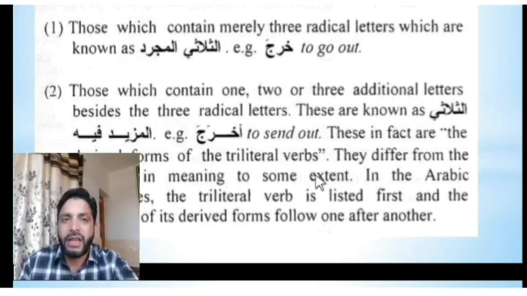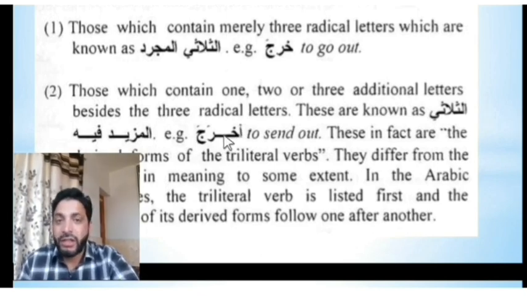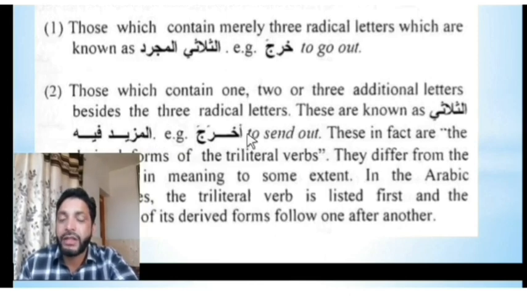For example, akhraja. Kharaja means to go out. He went out. Akhraja, he put out, he sent out. So there is a difference in meaning. Here we have kharaja, and here it is akhraja. Here we added an additional letter, hamza, in the beginning.